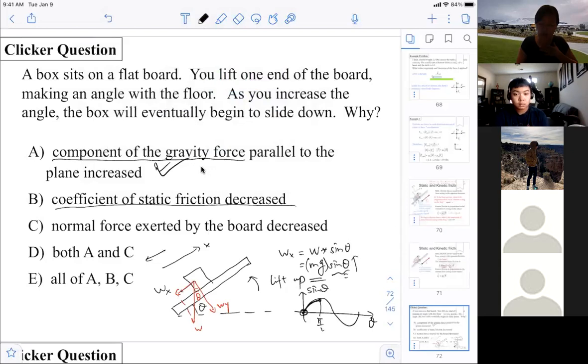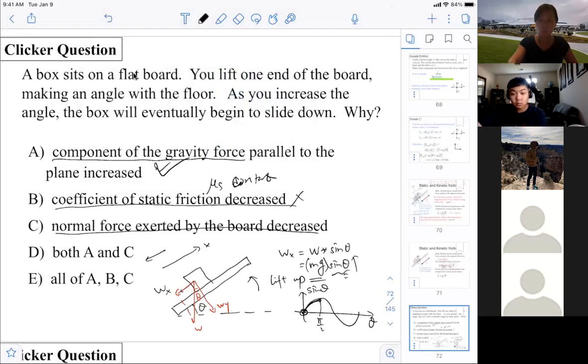The coefficient of static friction decreases? Wouldn't the coefficient be constant? Yes, this one doesn't change. Normal force decreases? I would say yes, because increasing the gravitational component decreases the normal force.